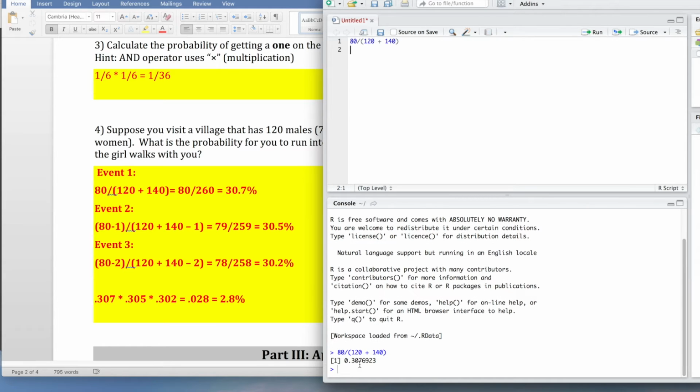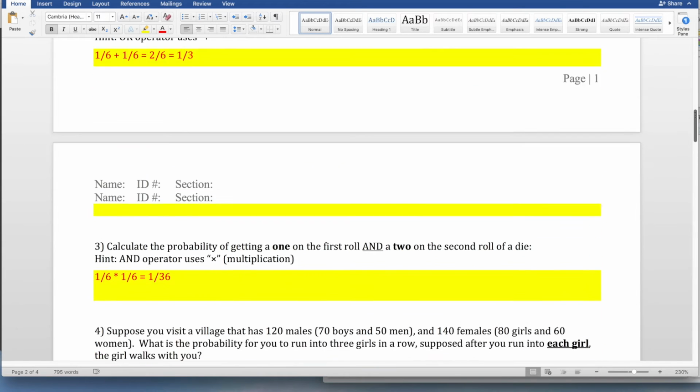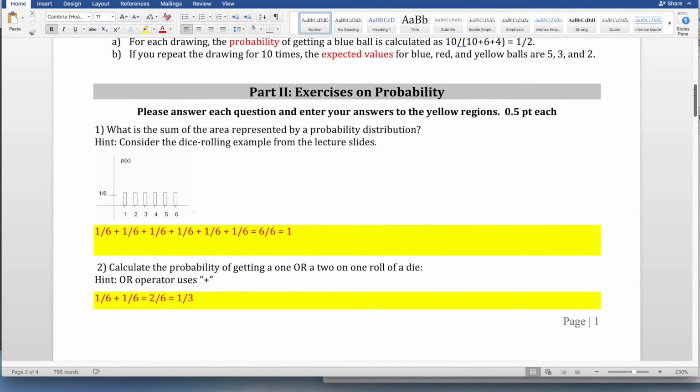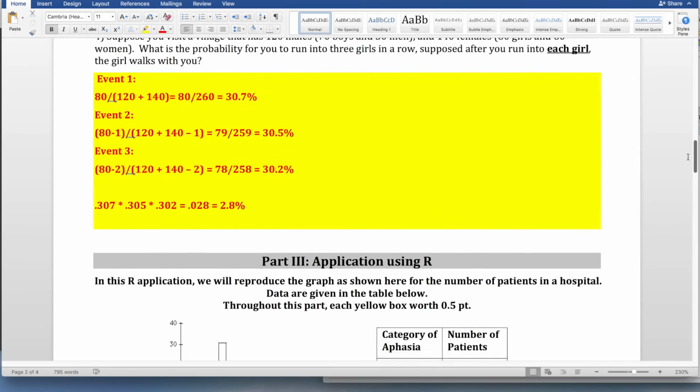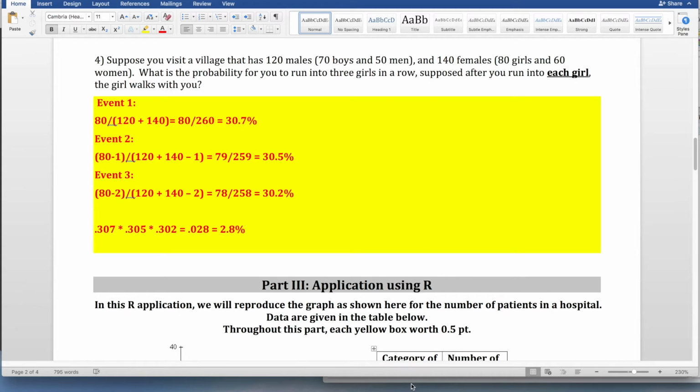And so you'll see the value down here. So we get 0.307. If you wanted to convert that into a percentage, it would just be 30.7%. And so you could do that with all of these events, or even with these questions up here, as well as if you wanted to try and calculate these values up here. So you can use R as a calculator.